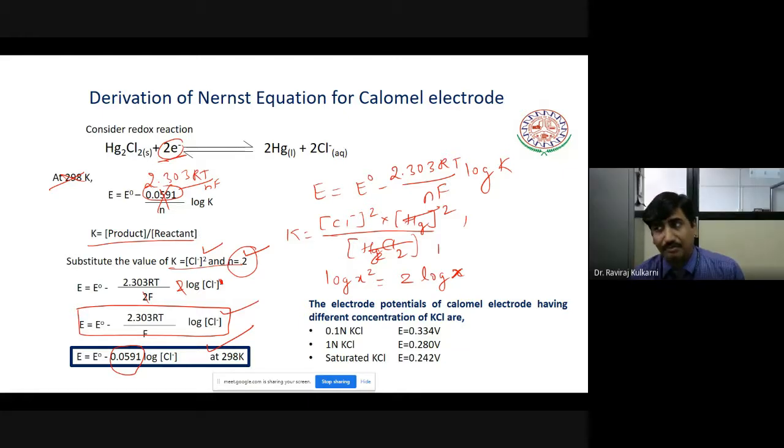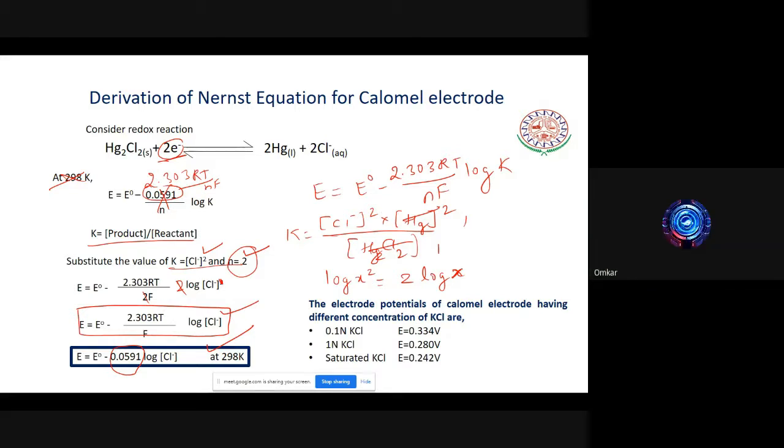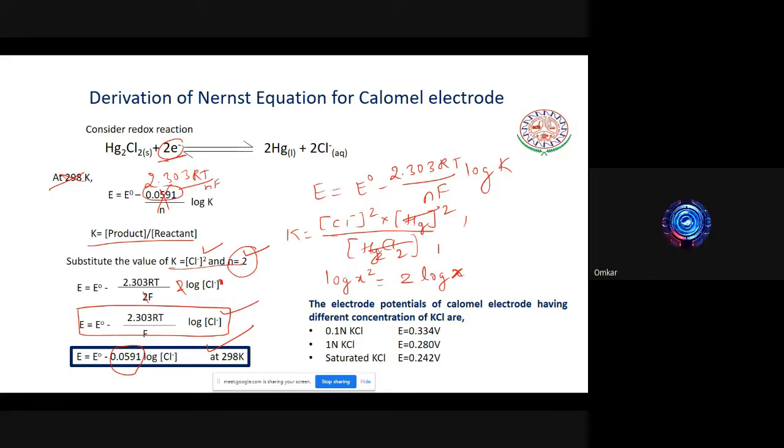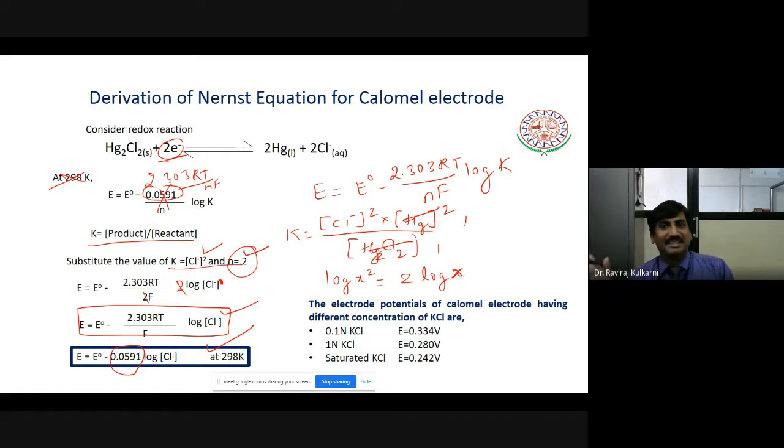And calomel electrode potential depends on what? Which concentration? Cl minus, only Cl minus. Mercury and mercurous chloride are not part of this calculation. The potential depends on Cl minus ion concentration.